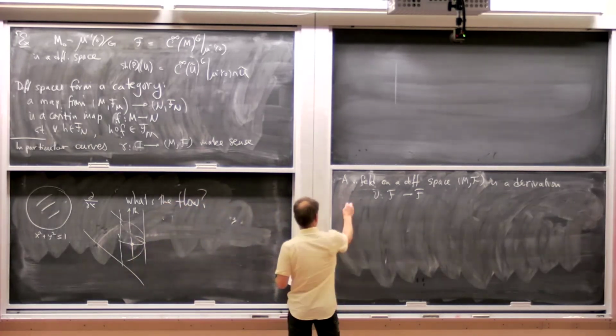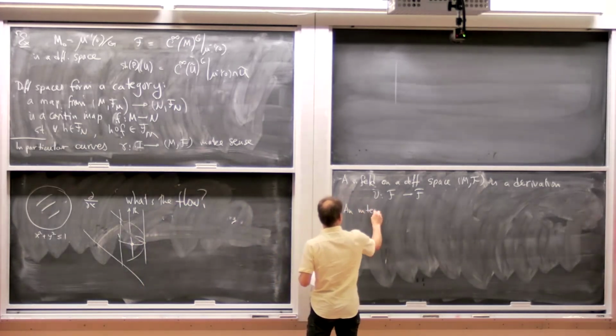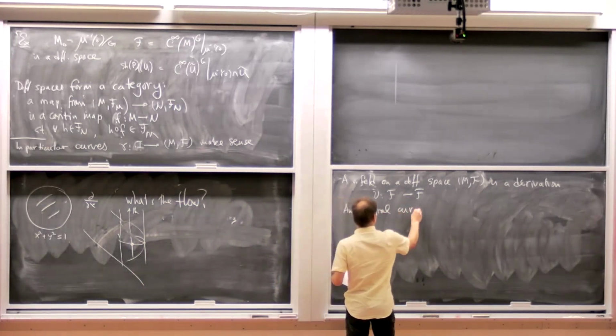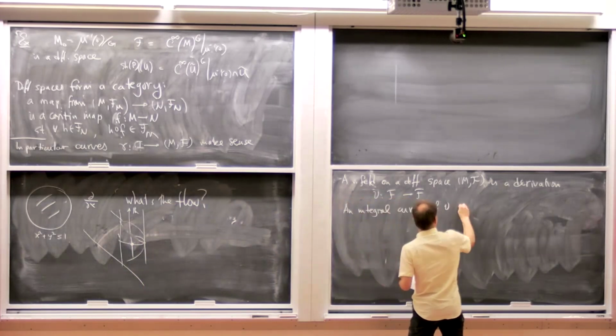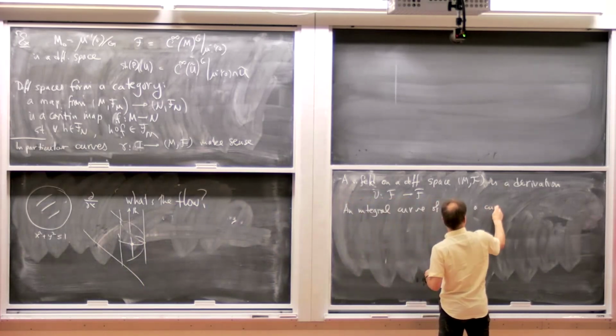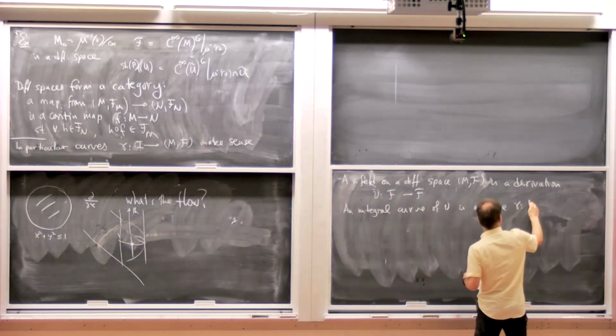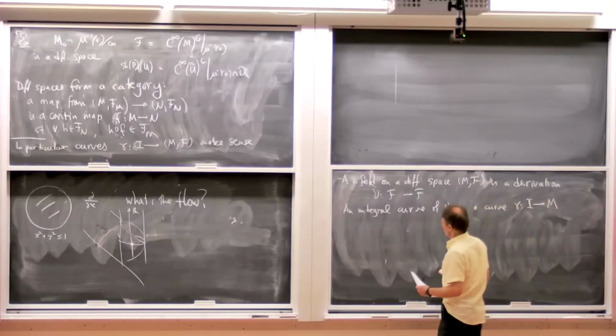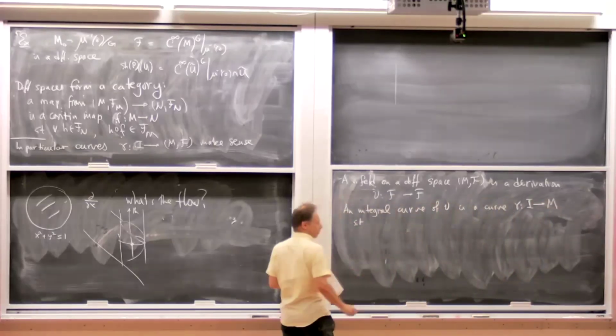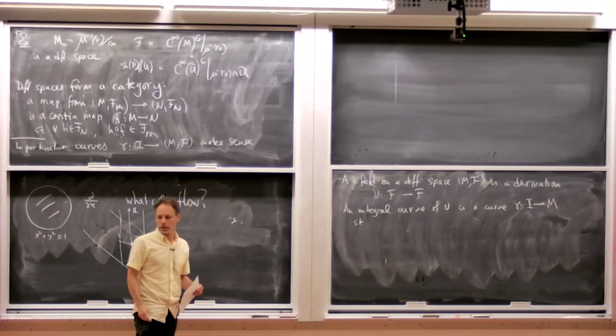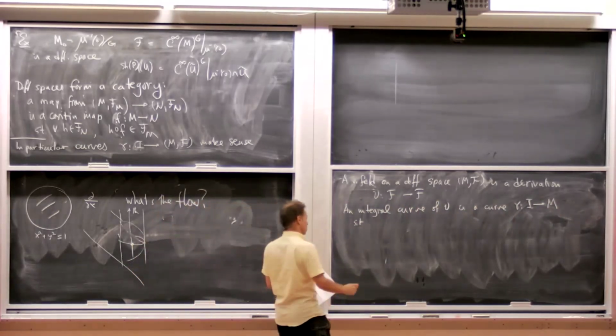Right. An integral curve of V is a curve gamma from I to M such that, and you write your favorite definition of an integral curve that doesn't use coordinates.